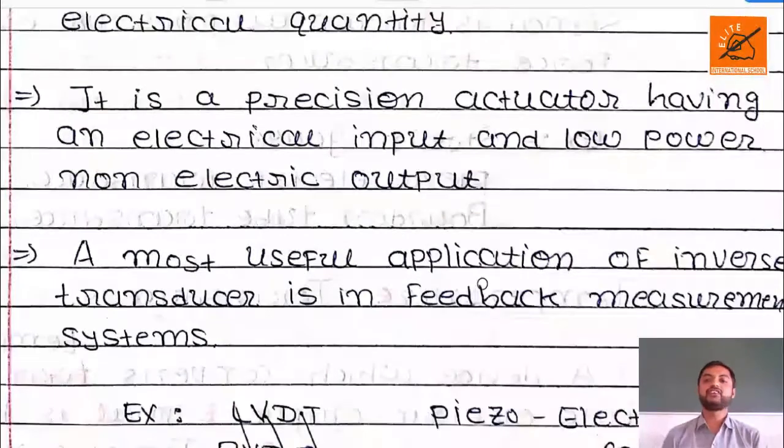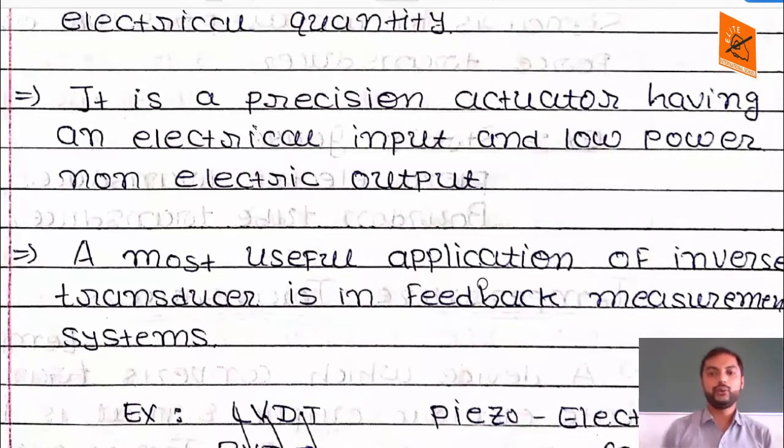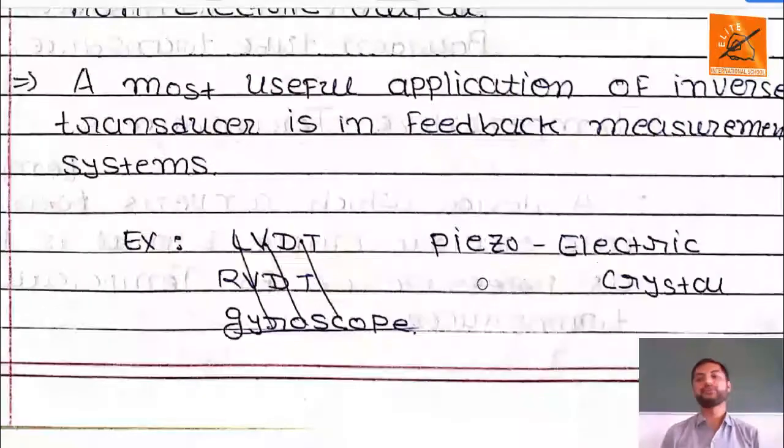It is a precision actuator having an electrical input and low power non-electrical output. So in short we can say we are giving electrical input and we are getting non-electrical output. A most useful application of inverse transducer is in feedback measurement.